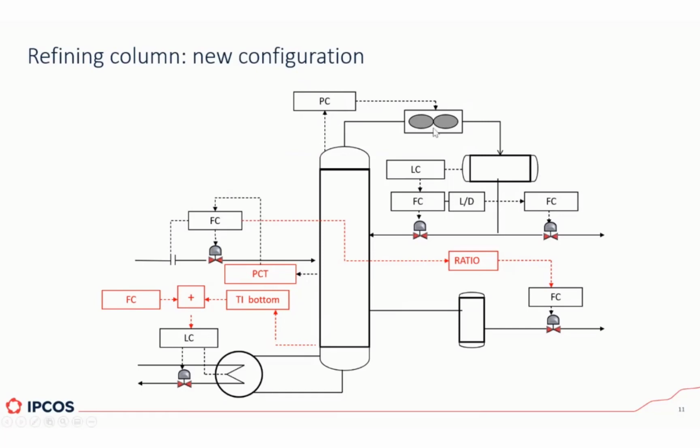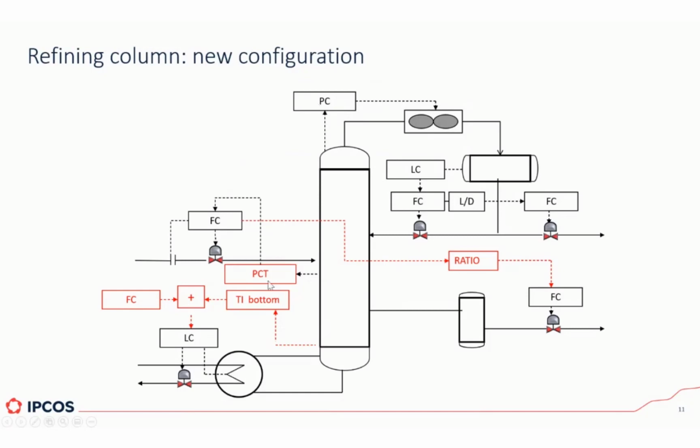So when those situations are reached, then usually what you have is you reach also the limit of your air coolers, and without much for you to do, the pressure of the column itself increases. So it's important to always keep the composition constant, even if the pressure of the column cannot be fully controlled.